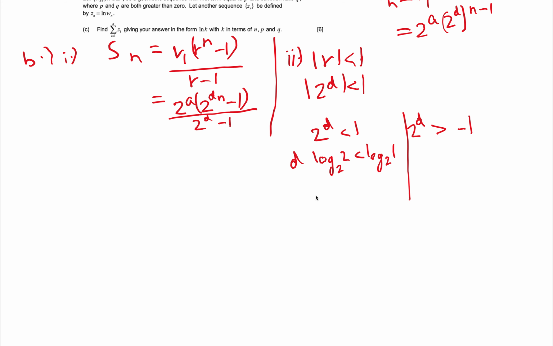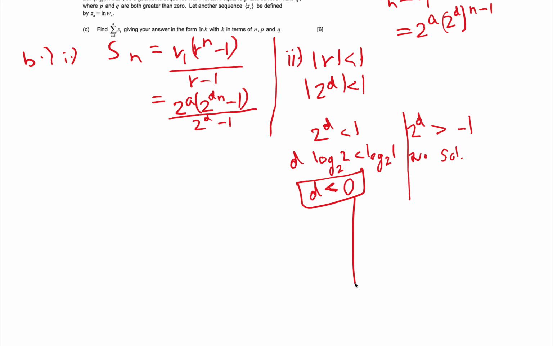Log base 2 of 2 is just 1, and the log of 1 in any base is equal to 0, so d is less than 0. We have found this first condition, and notice that the other condition basically has no solutions because there is no real number d for which 2 to the power of d equals -1. So this is our answer to this part: d has to be less than 0.